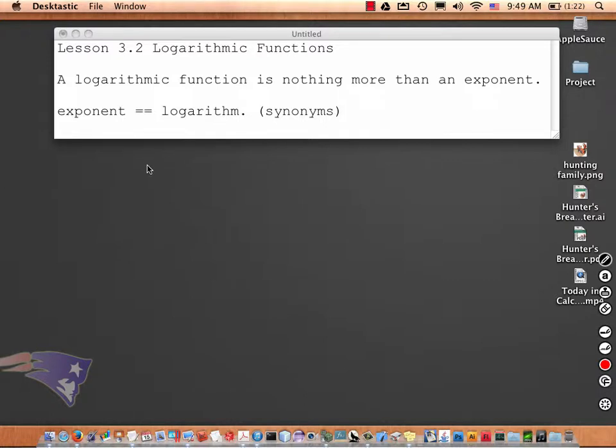What if I have logarithm base 3 of 3? 3 to what power gives me 3? That's exactly right, 1.